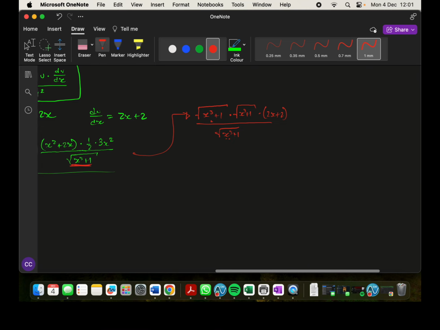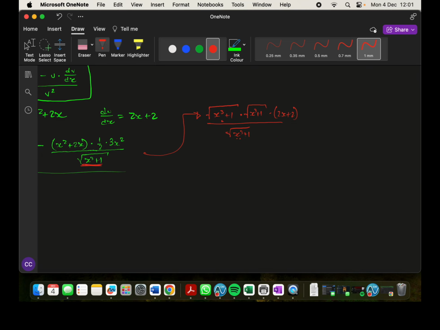And from that, I'm going to subtract 3/2 times x squared plus 2x times x squared all over that same common denominator.